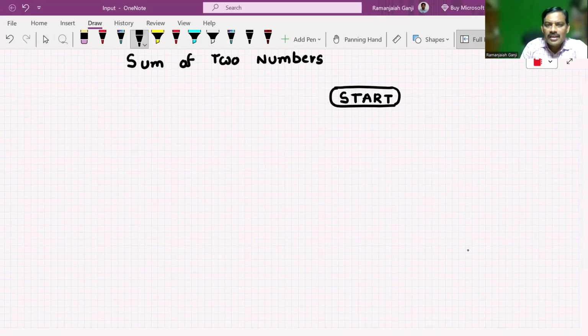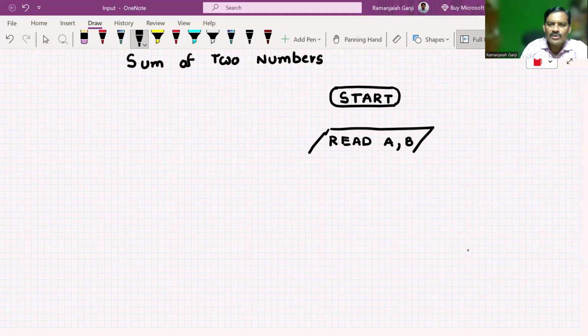Next one, you have to read two numbers. You may use either read statement or input. Read A, comma B. What is the symbol for reading or input? This is a parallelogram.